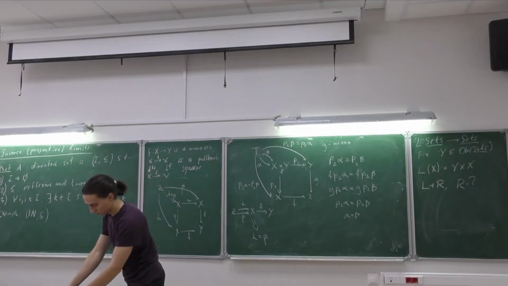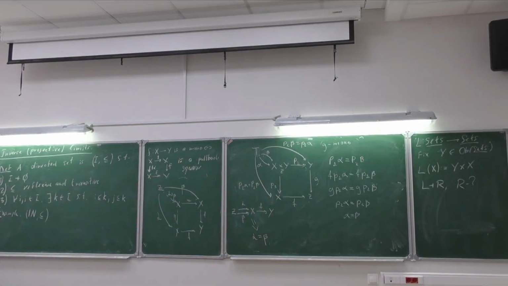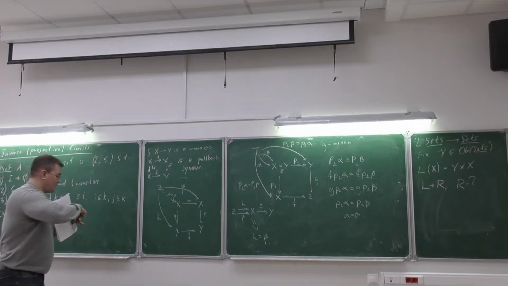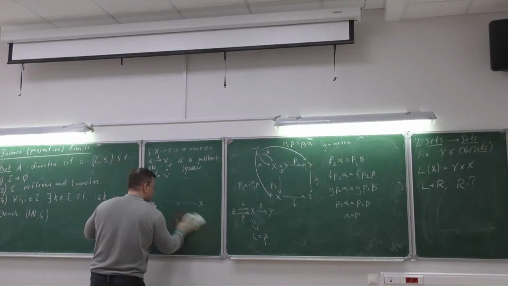Actually, I want to go a little bit back. When we discussed there was one question I wanted to ask you, but completely forgot it. This was the question about the products. So maybe I can erase this and ask the next question.